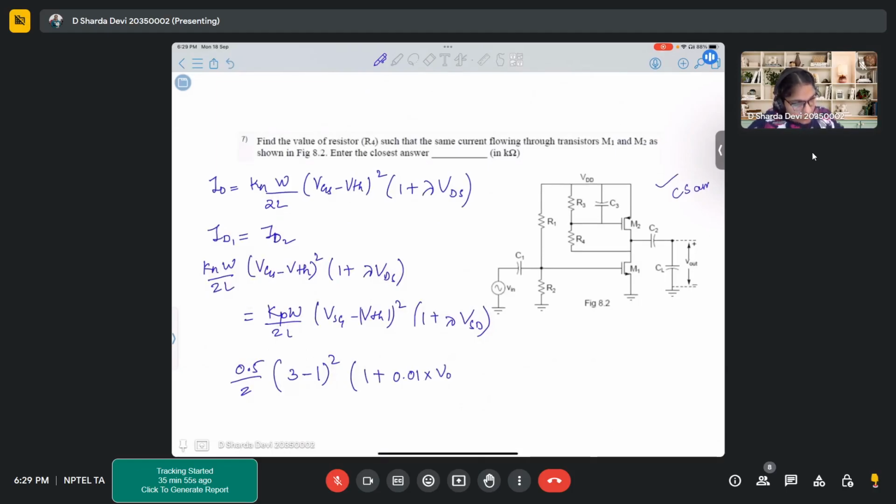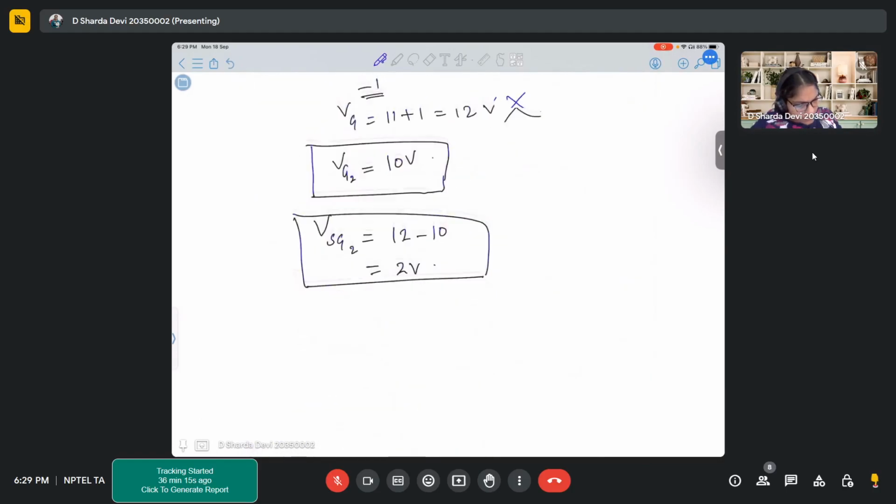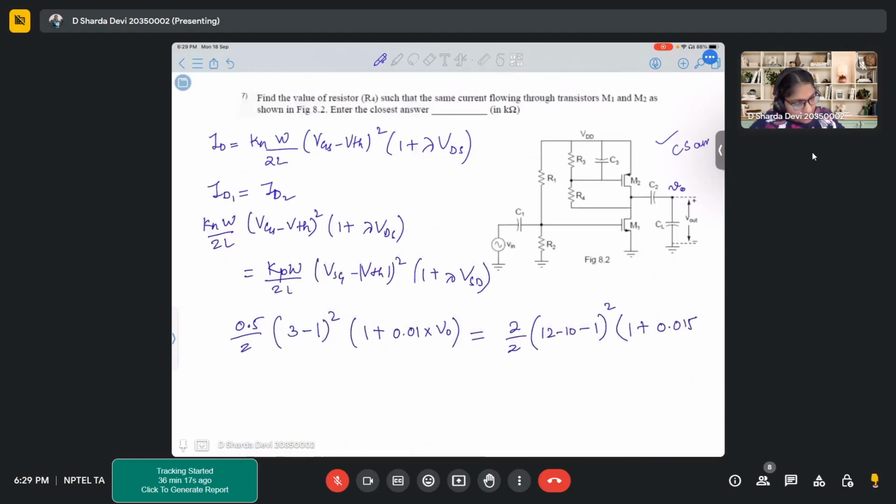Let's say this is V0, equal to 2 by 2 into (VSG, 10 minus 1) square, 1 plus 0.015 into VSD.